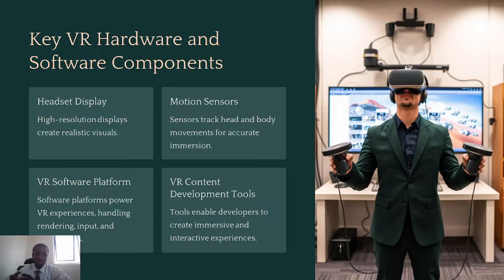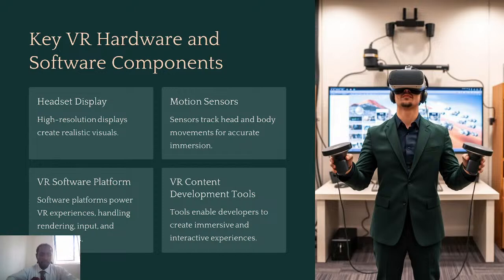Then the virtual reality software and platform, which is the platform that powers the virtual reality experience, handling the rendering, input, and interaction. So this is where the most important thing happens within the interaction.